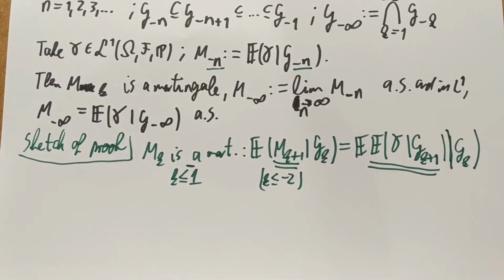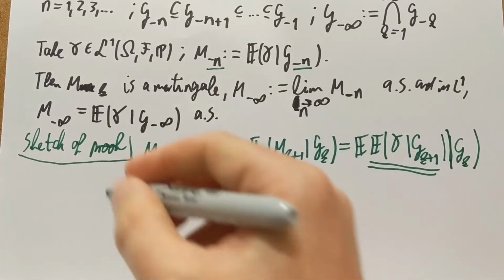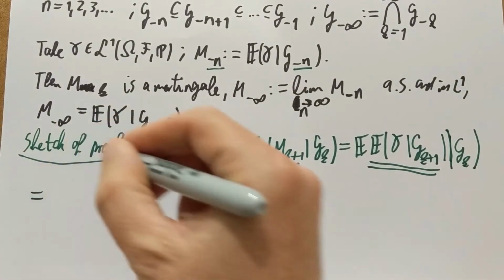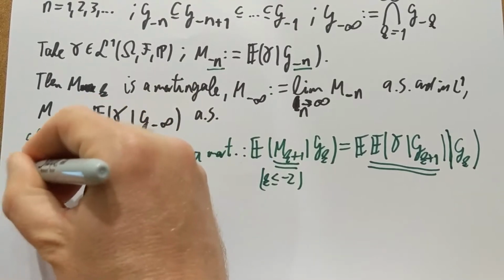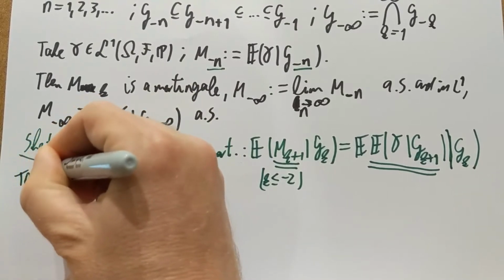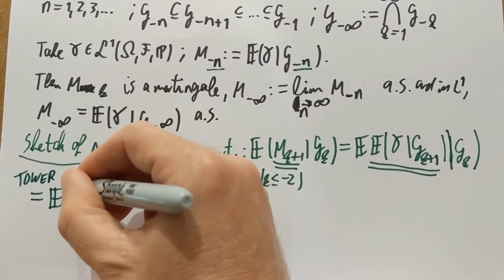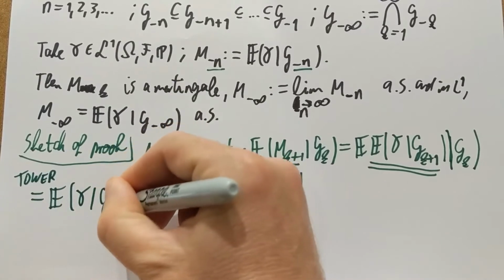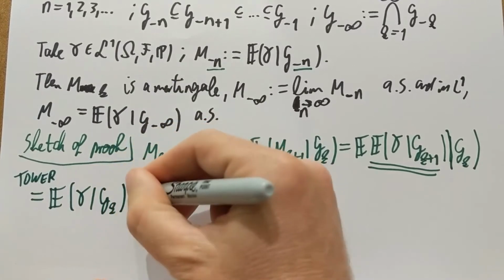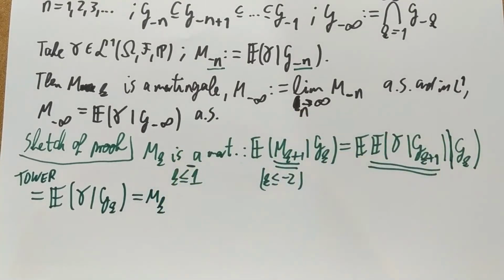If one sigma algebra is a subset of the other, which is the case here, then they always simplify to the conditional expectation with respect to the rougher sigma algebra. So the tower rule here tells me that this just collapses into the conditional expectation given the rougher of the two, which is G_k, and that was my definition for M_k. And so the Martingale property is as simple as that.